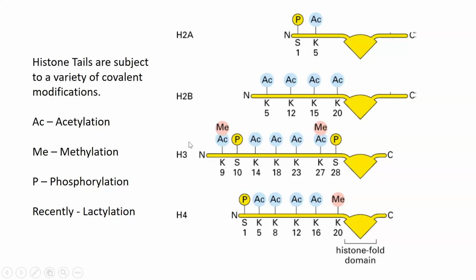We're going to look mostly at histone H3, and this is indicating that it can be methylated or acetylated or phosphorylated. We're going to ignore phosphorylation and focus on methylation and acetylation. How do those modifications occur, and what are the consequences?